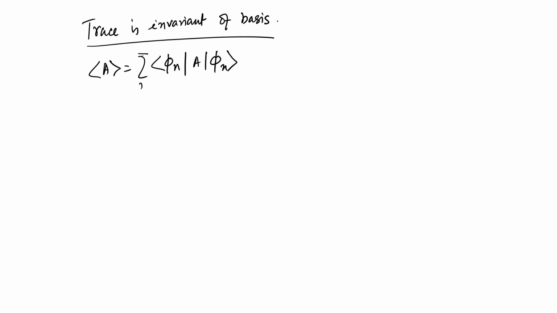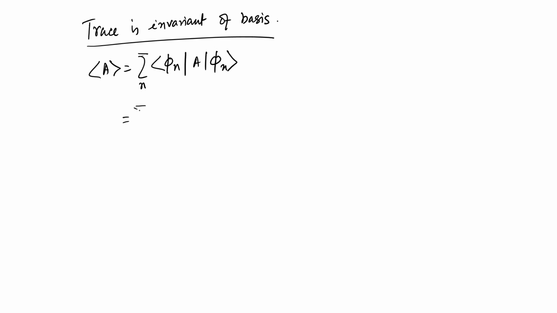So, this is the definition of the expectation value in terms of the trace. So, phi n's are some basis that we are using. Now, we will show that when we go from a basis which is phi n to something else, this expectation value does not change.